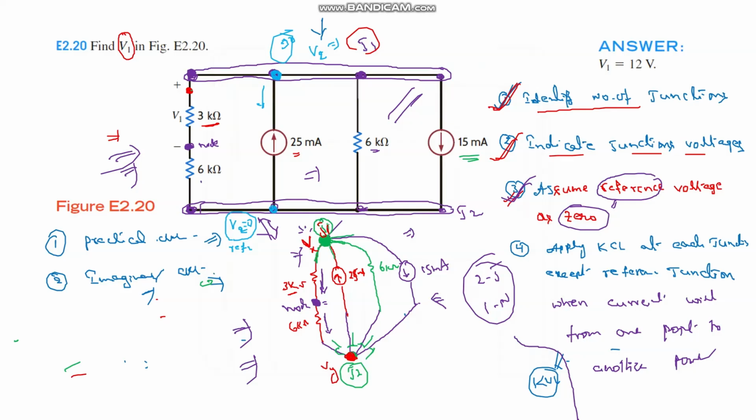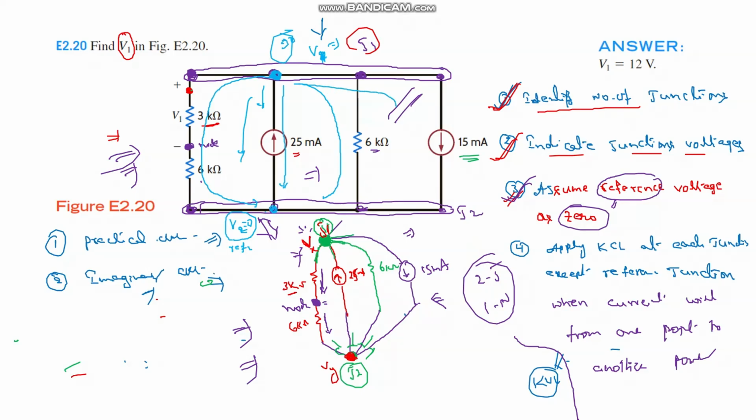If it is 0, these two junction potentials are equal, the potential difference is 0, and there is no current flowing from one junction to another. Because of the potential difference between V1 and V2, there is a current flowing from V1 through 3 kilo ohm, 6 kilo ohm, to V2 equals 0. Since there is a potential difference, current flows through the 6 kilo ohm resistance.